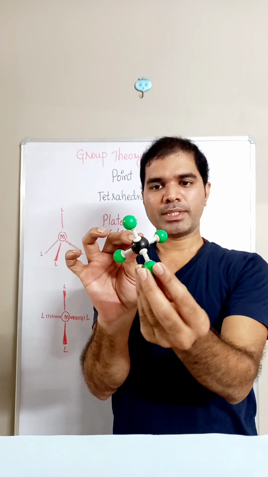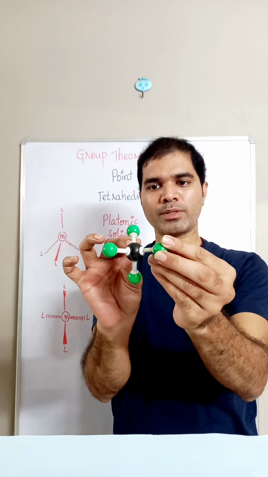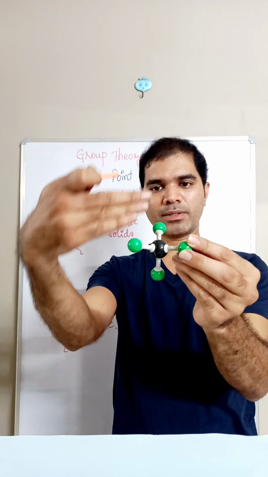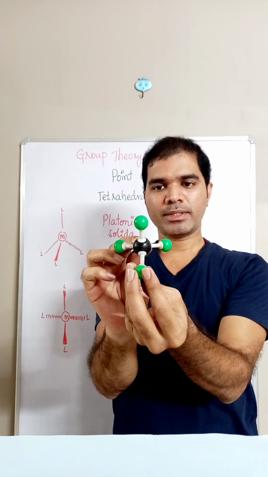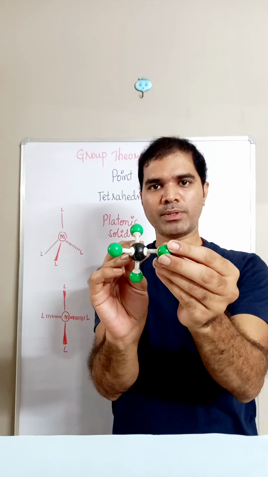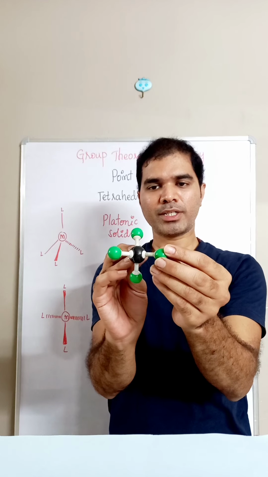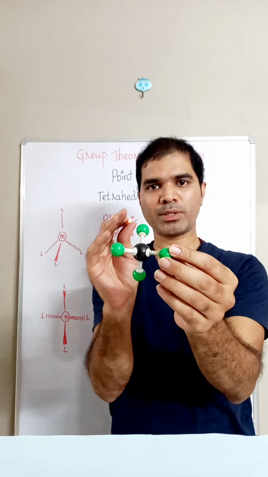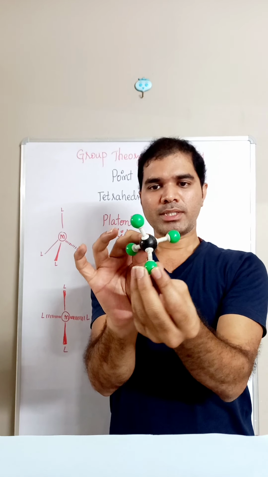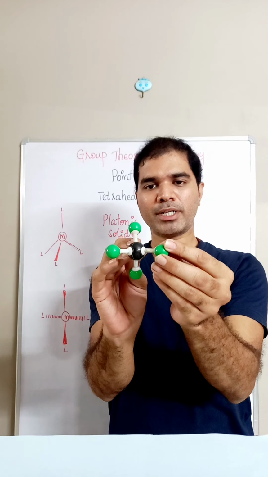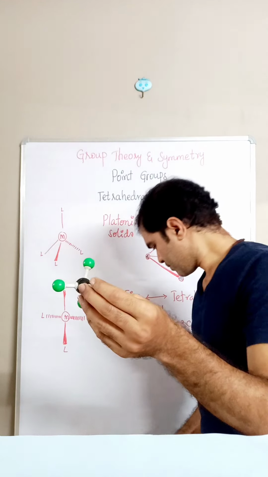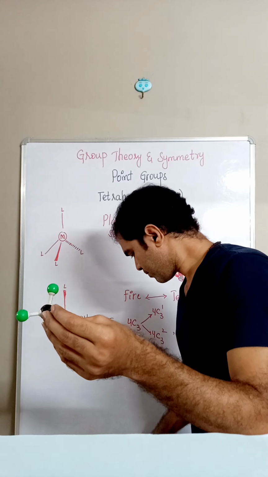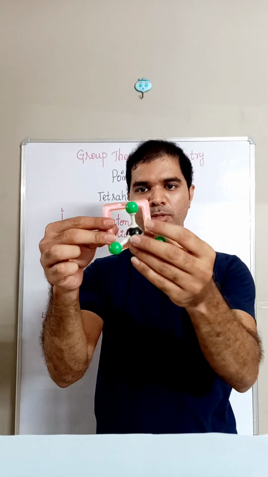That S4 is a C4 followed by a plane perpendicular to this. I am just showing you the S4 again. It is a C4 which is not producing any equivalent configuration, but we need not bother because it is just half an operation. This C4 must be followed by a perpendicular plane. So if this is the C4 rotational axis, there must be a plane perpendicular to it.